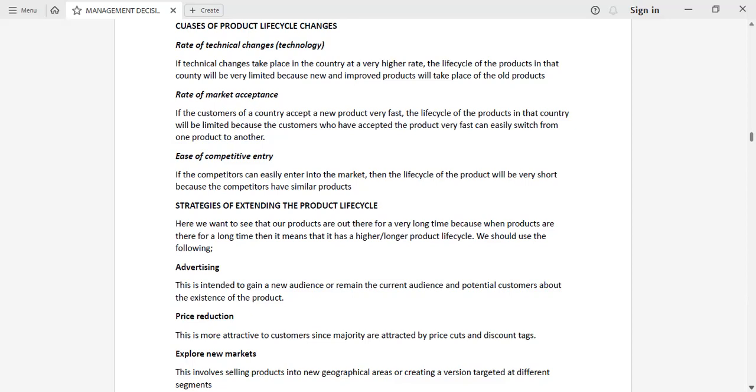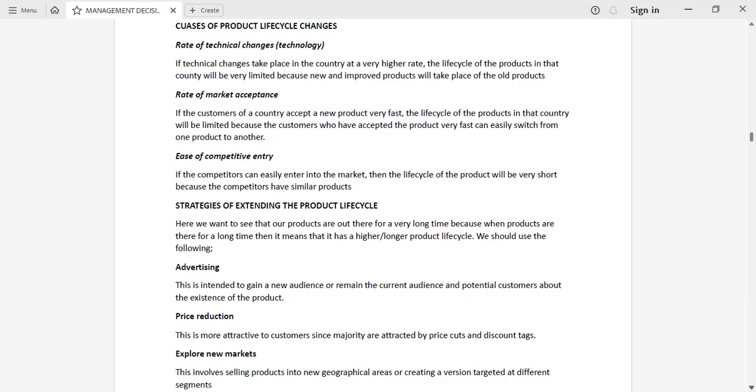So maybe you can try to look at the strategies, or what could be the solutions to the causes of product life cycle changes, or what strategies we can implement to extend the product life cycle. Here I want our products to be in the market for a very long period of time, because when products are there for a long time, it means they have a very long product life cycle.